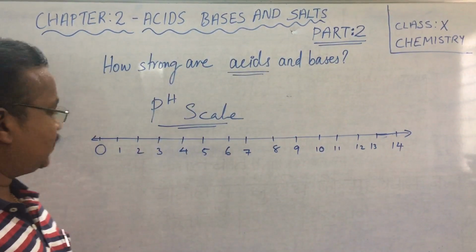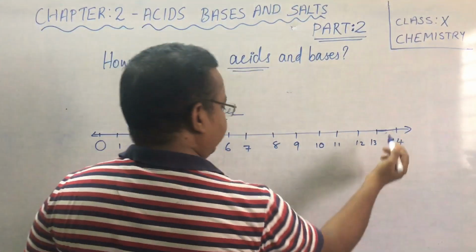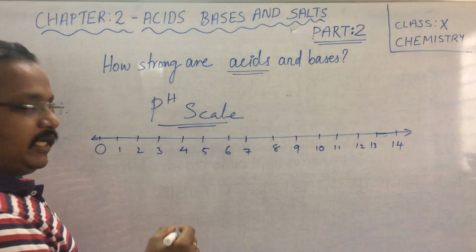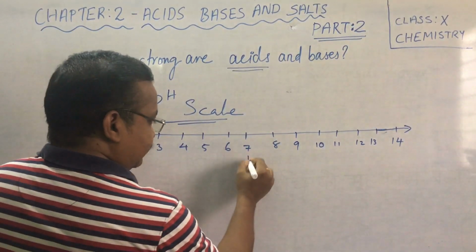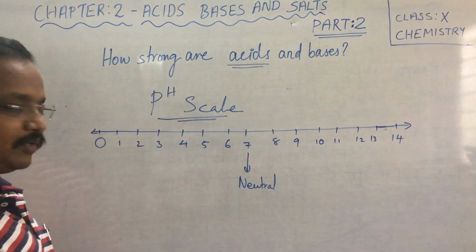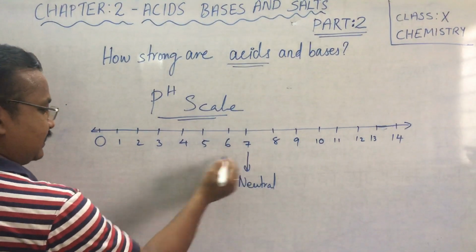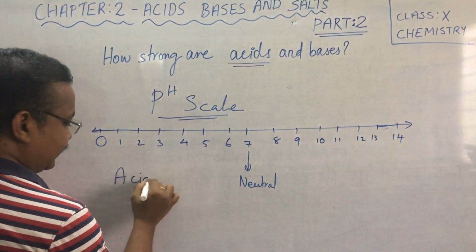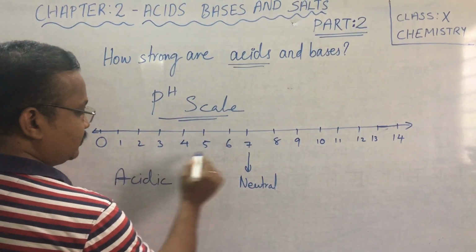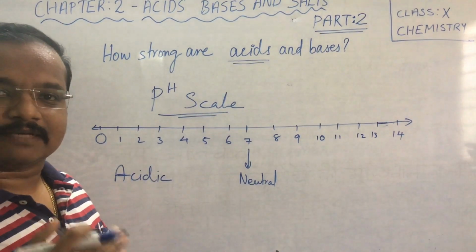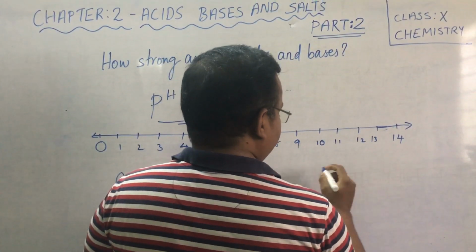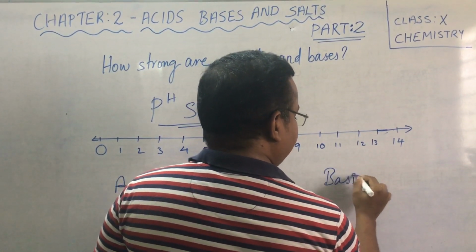This pH scale goes from 0 to 14, in which if the pH of the substance shows 7, then that substance is considered to be neutral in nature. Whereas if it is less than 7, we can say the substance is acidic in nature. So from 0 to 7, below 7, the substance is acidic in nature, and above 7, from 7 to 14, it is basic in nature.